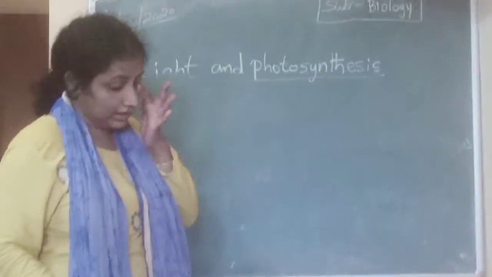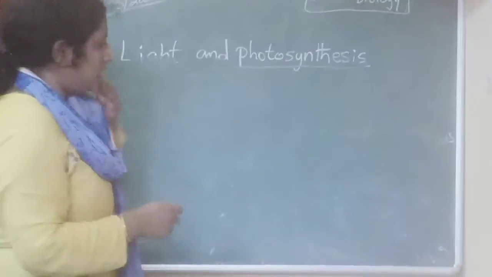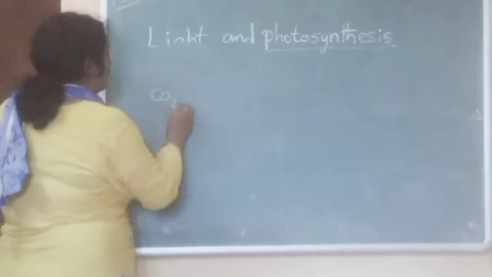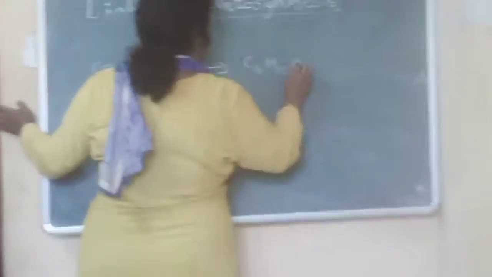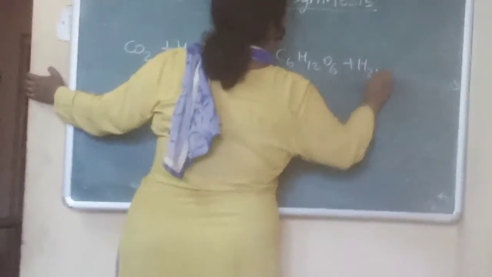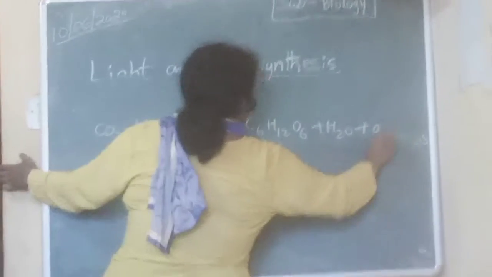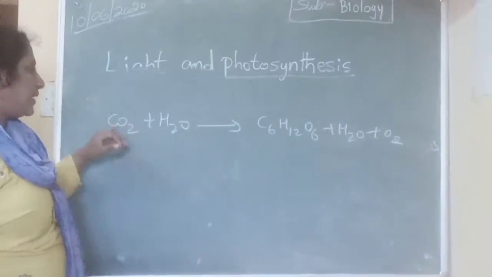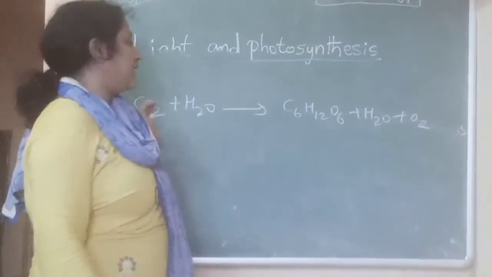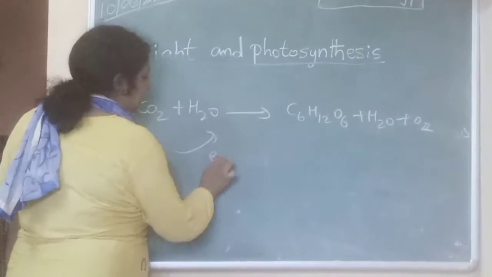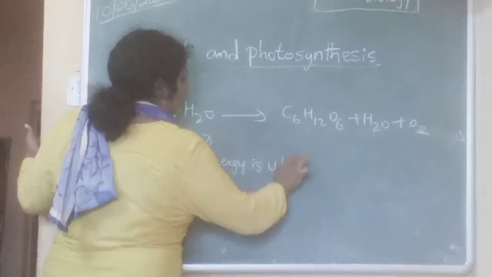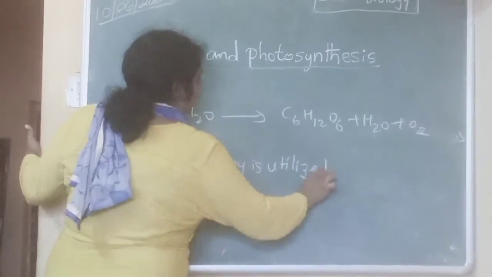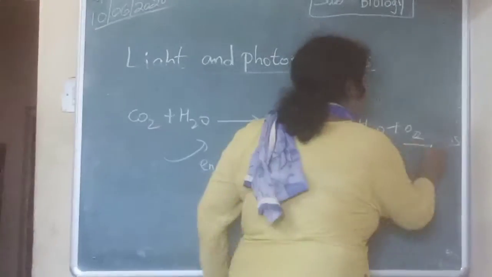So we know that CO2 plus water gives rise to C6H12O6 plus water plus oxygen. When carbon dioxide is reacting, some energy is utilized, and oxygen is released.